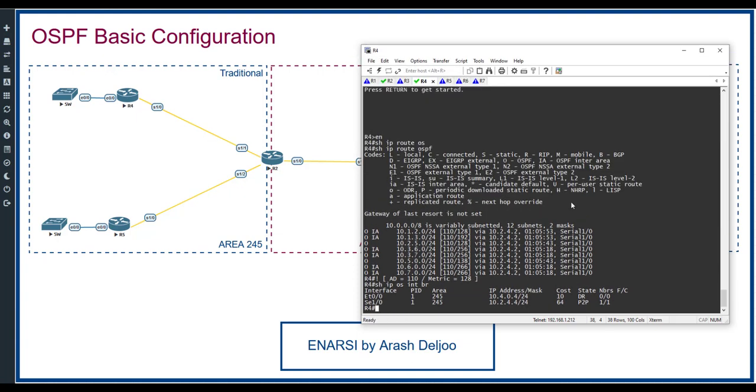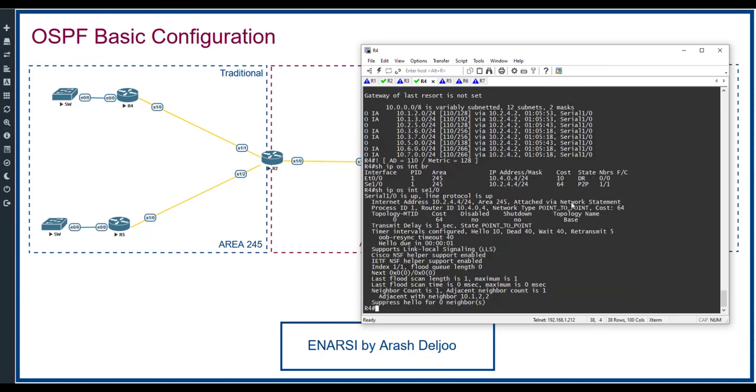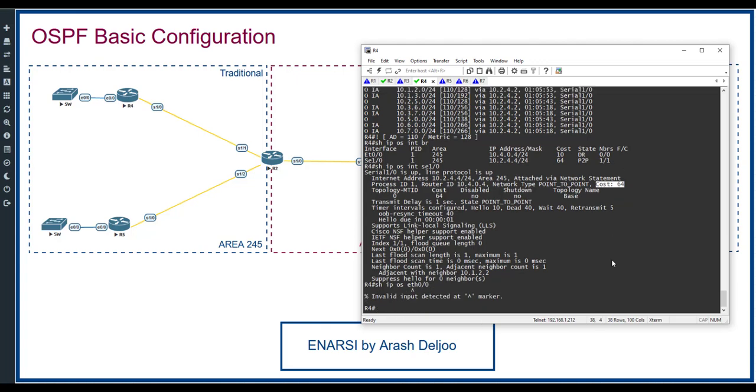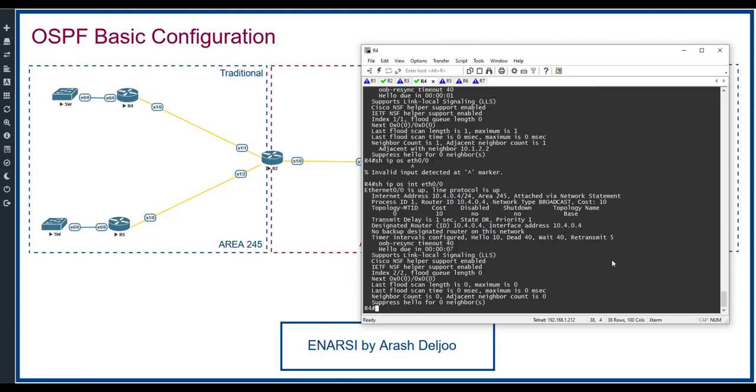Also, if you want, you can use show ip ospf interface serial 1/0. Okay, here you can see the serial 1/0 cost is 64. Show ip ospf Eth0/0, the cost of this interface is 10, as you can see.